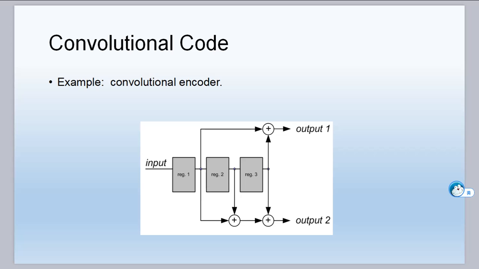And I use the convolutional code. I can use this example because this example is a type of convolutional encoder. So the data is sent from the input to the register, and the initial value is 0. Here I only have 1 bit, so they only have 0 or 1.